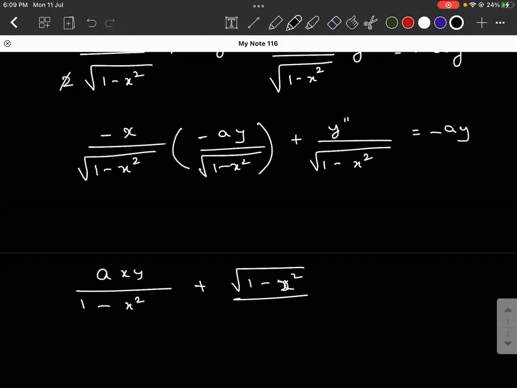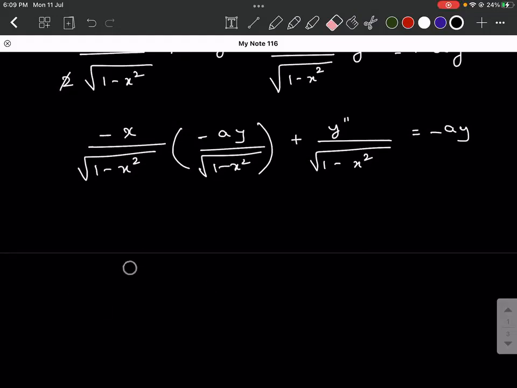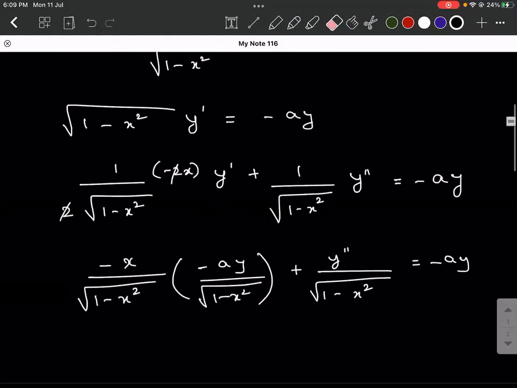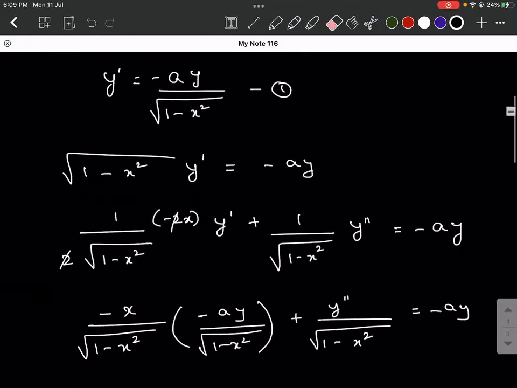Sir, I think you made a mistake in the second last step. Sir, in the second last step, the root over 1 minus x square would be in the numerator, right, multiplied with y double dash. Ah, that's right.